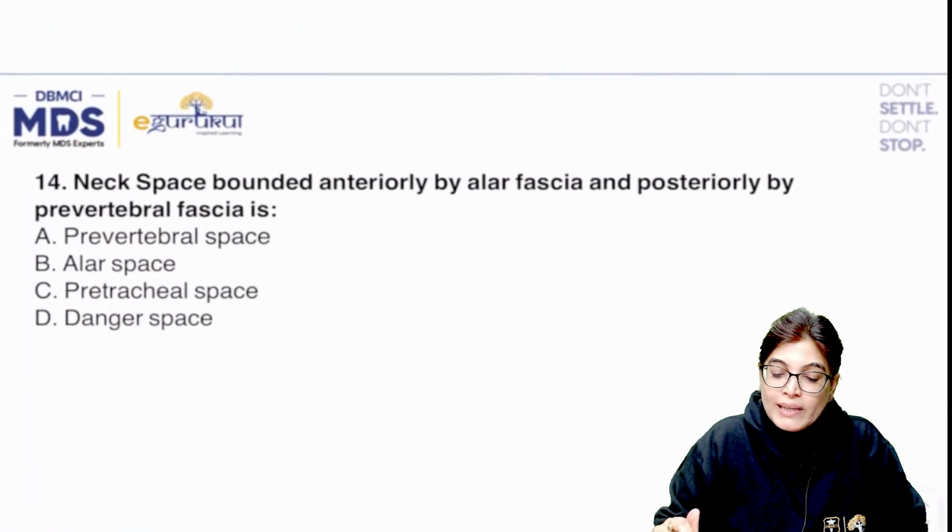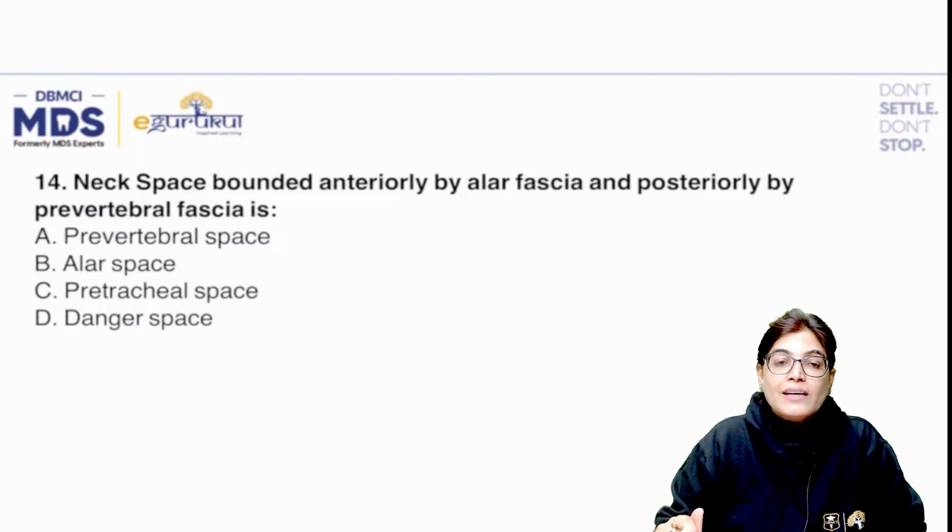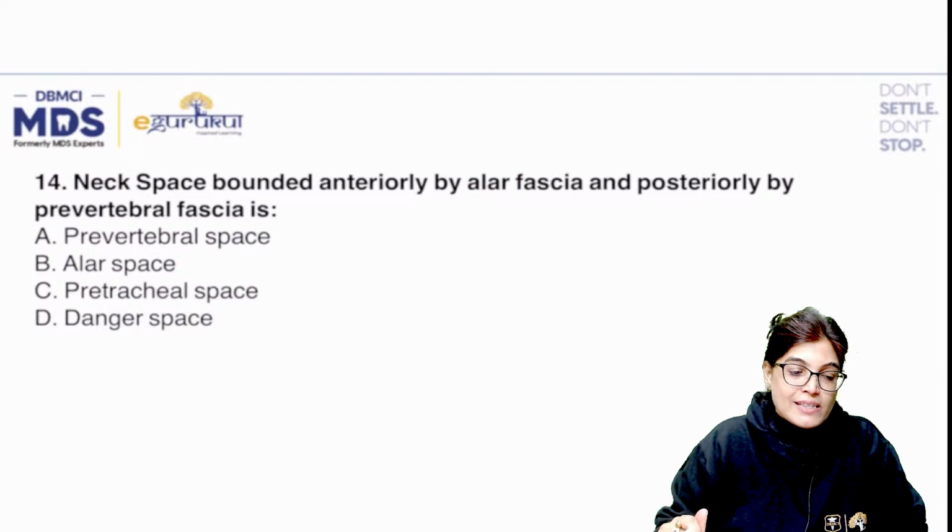Next question: the neck space bounded anteriorly by alar fascia and posteriorly by prevertebral fascia. Can you tell me which area is lying between alar fascia on the anterior aspect and prevertebral layer on the posterior aspect? The options given are prevertebral space, alar space, danger space of the neck, or pretracheal space.